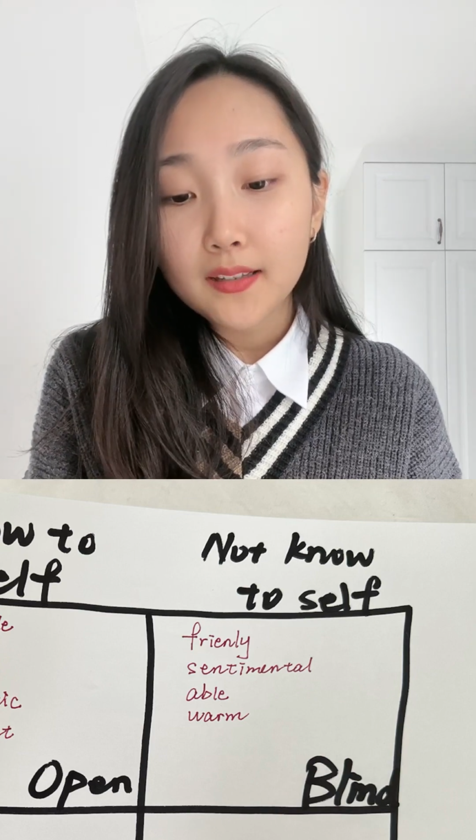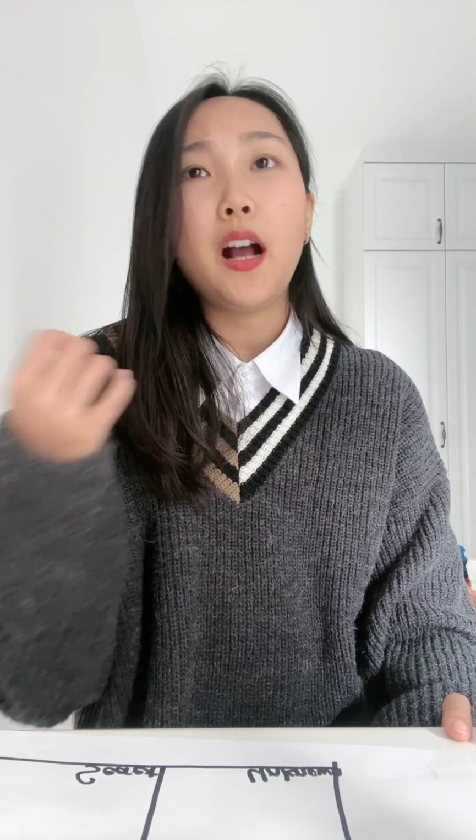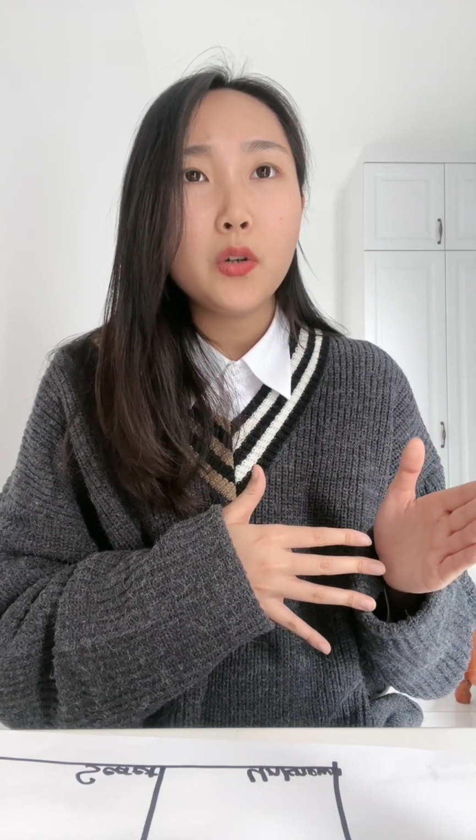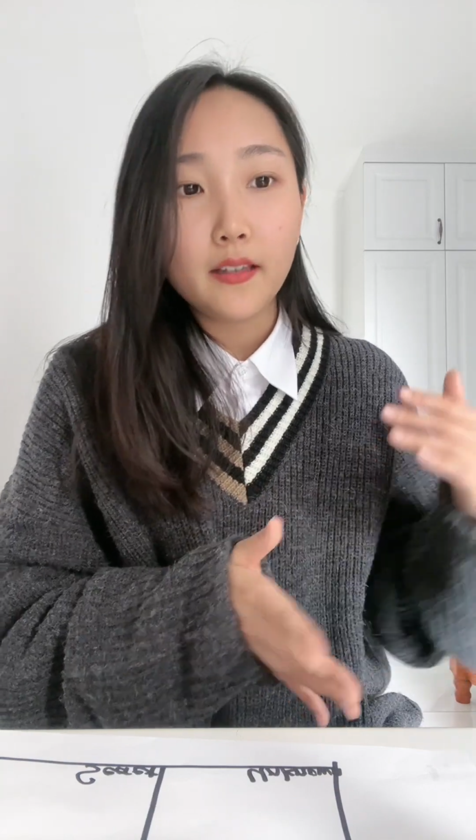But the word sentimental is a word that I would never use to describe myself, because I think I'm a person who can control my emotions well. I can hide my emotions well, and I separate my emotions and the things I do. I will seldom make other people feel my emotions.